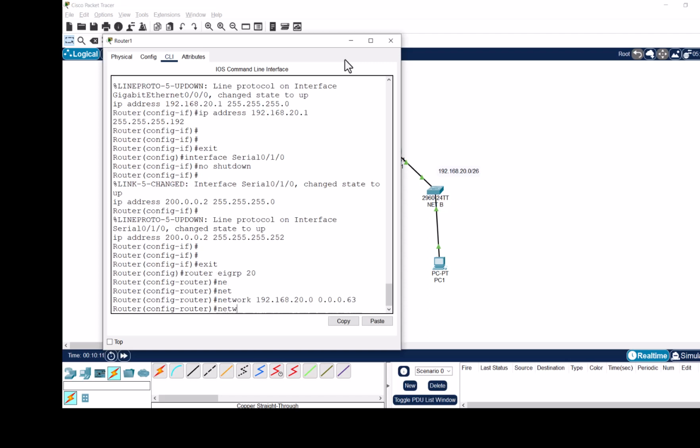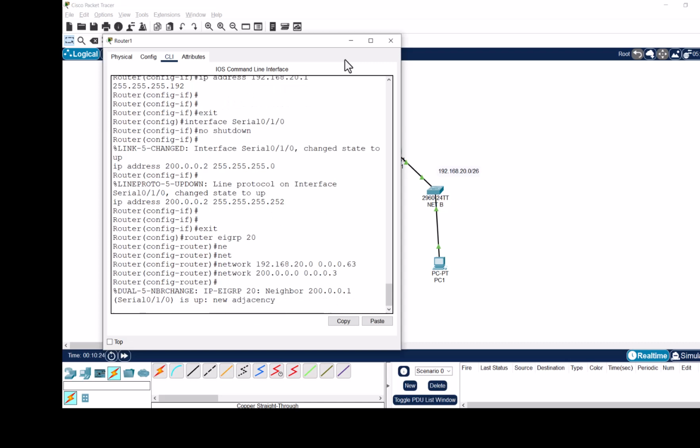And let me add the WAN also, network 200.0.0.0. The subnet mask is 255.255.255.252, and the wildcard mask is going to be 0.0.0.3. That's it.